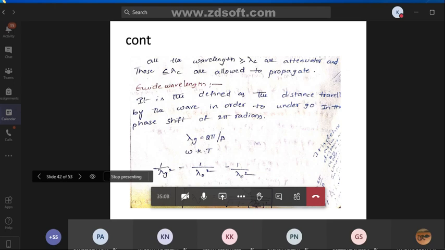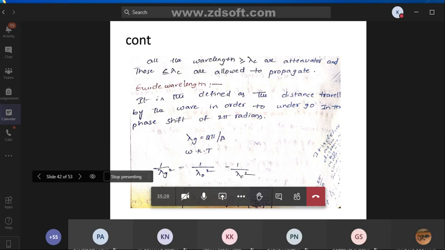So from this we can write 1 by lambda g square equal to 1 by lambda naught square minus 1 by lambda c square. So it is the relation between guided wavelength, cutoff wavelength, and this lambda naught.